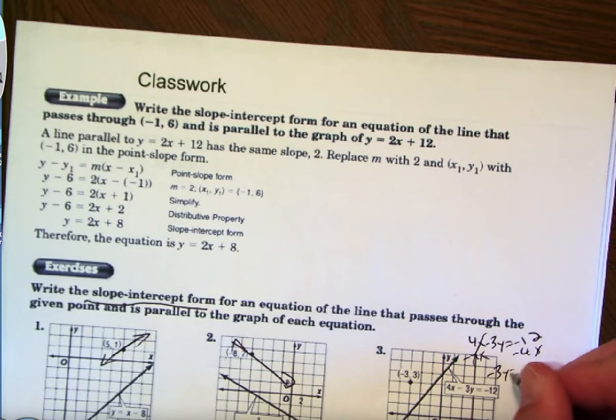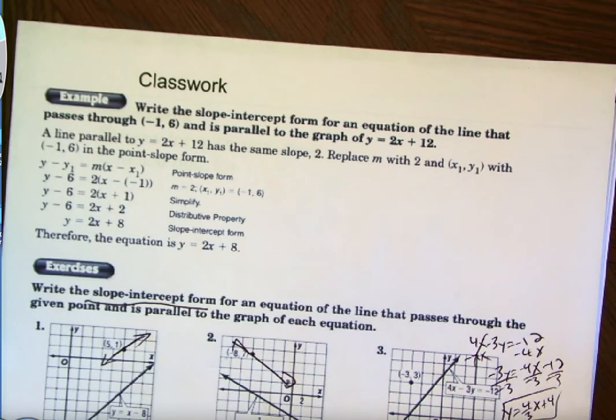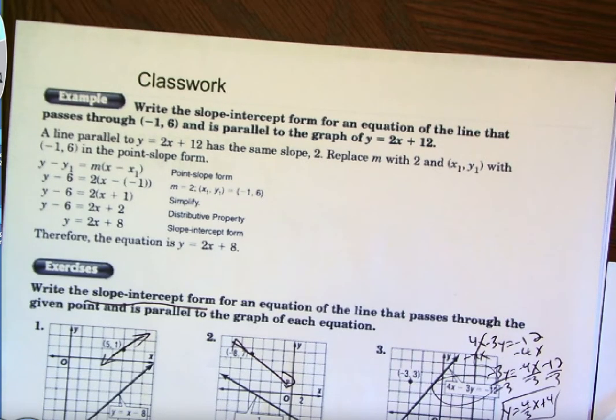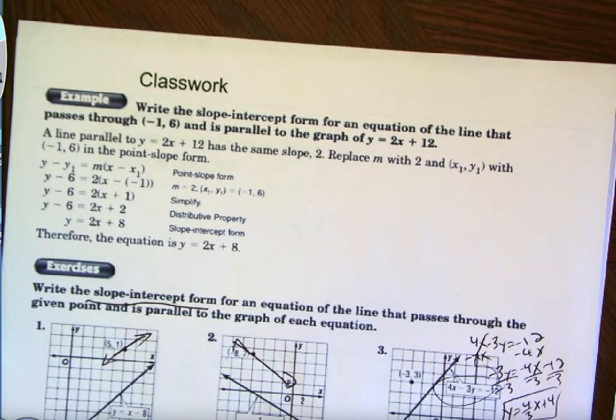There's other ways, but okay. Now that I wrote this in y equals mx plus b, the slope is 4/3. So slope is 4/3. We have the point -3, 3. So we can write the equation in point slope.